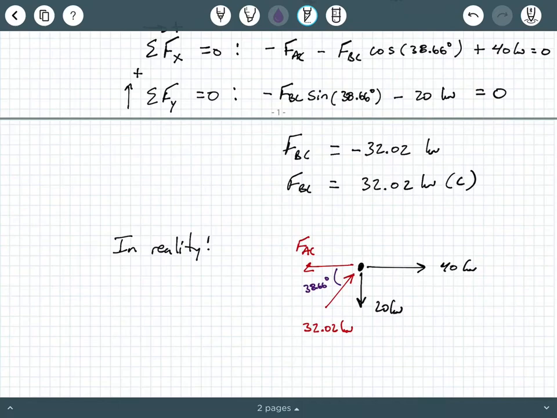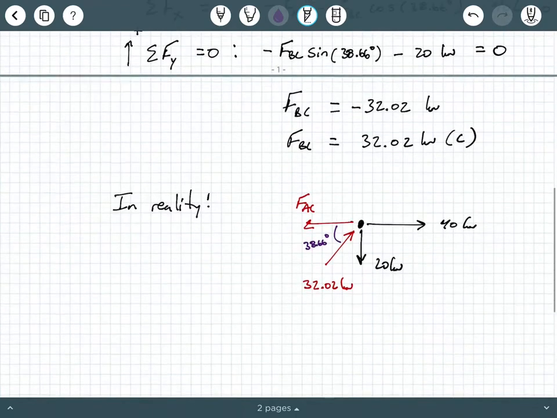All right, now here's where you've got to be very, very careful. This is going to be a big source of error. If you substitute 32.02 into FBC here, you have to be extremely careful with how you're accounting for this negative sign.